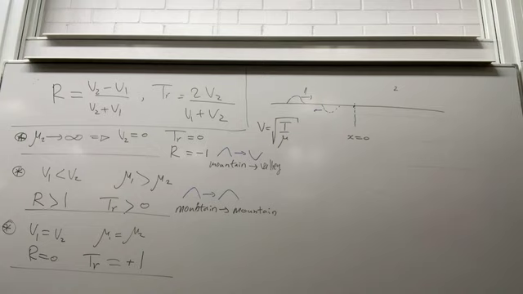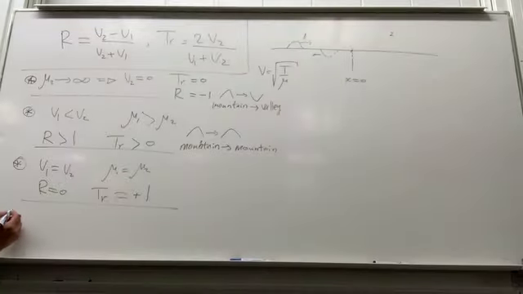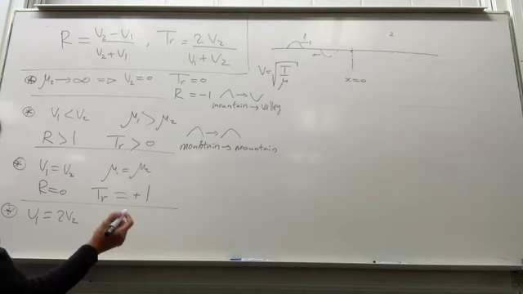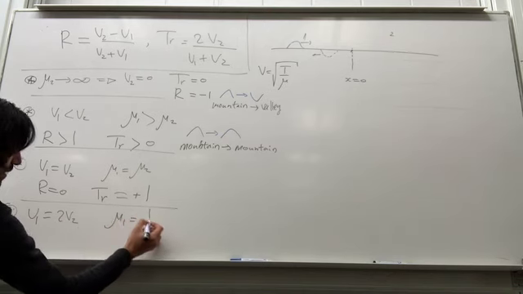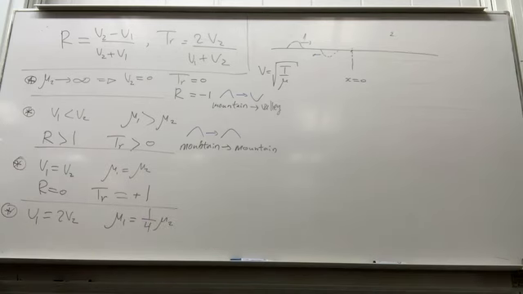let's take an example where V1 is twice V2. Or in other words, the mass per unit length on one side is 1/4 of the mass per unit length on the other side.